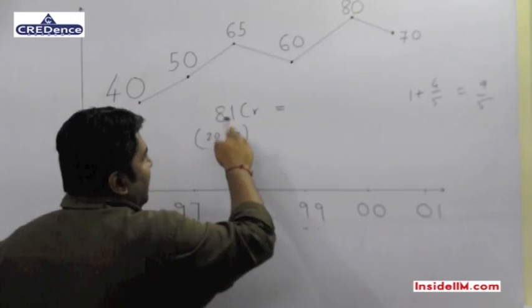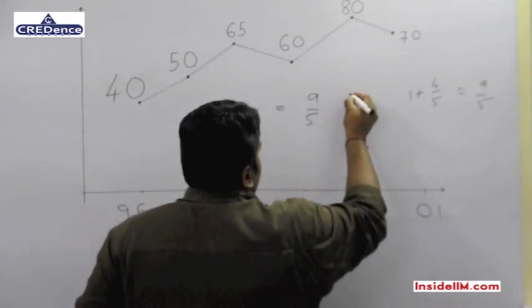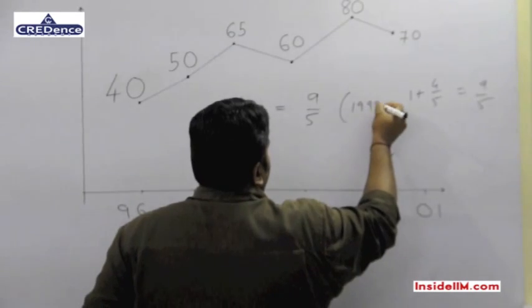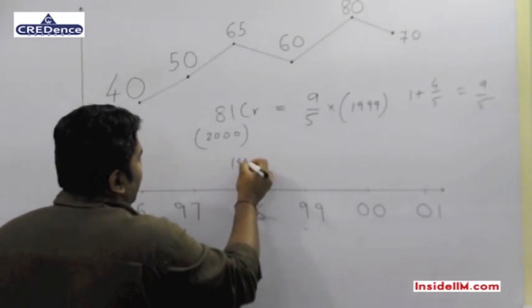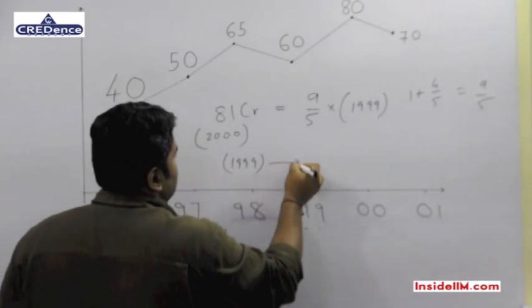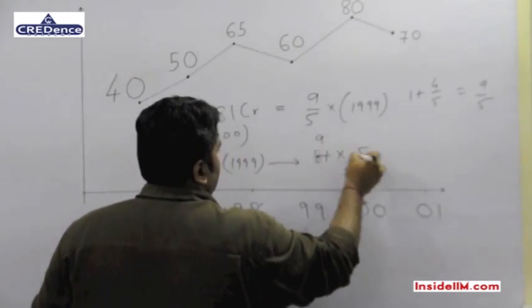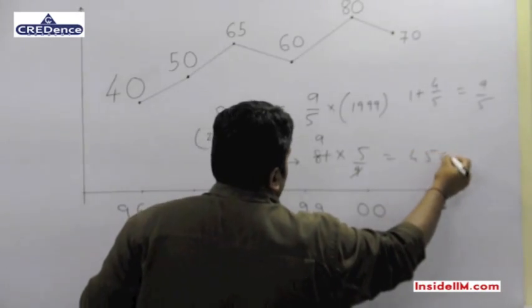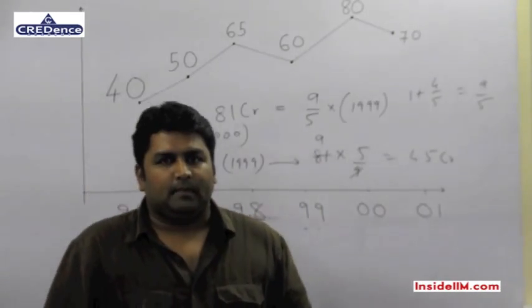So we can say 81 crore is 9 by 5 of the value of 1999. And likewise, you can just solve directly. Value for 1999 is 81 crore into 5 by 9. That gives us 45 crore, which happens to be option number 2.